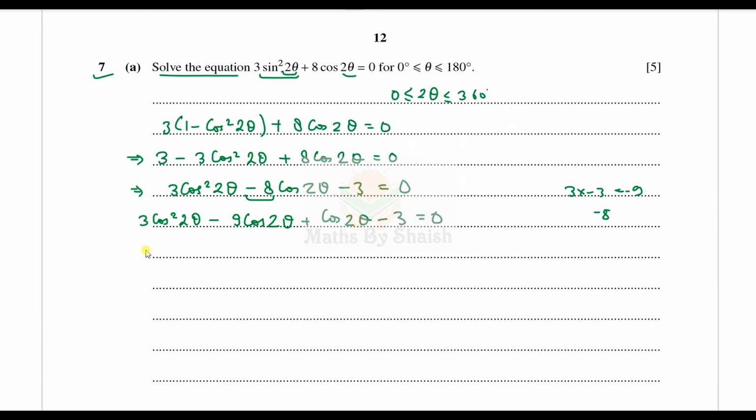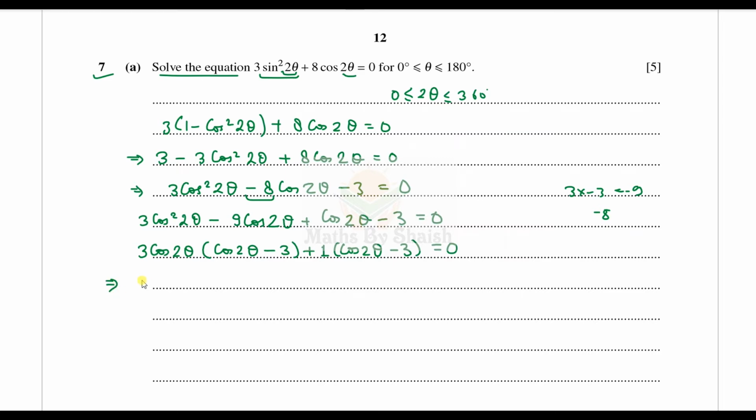So from the first two terms we can take 3 cos 2 theta common, we will get cos 2 theta minus 3, plus from these last two terms we can get 1 only, and hence it is cos 2 theta minus 3 is equal to 0.